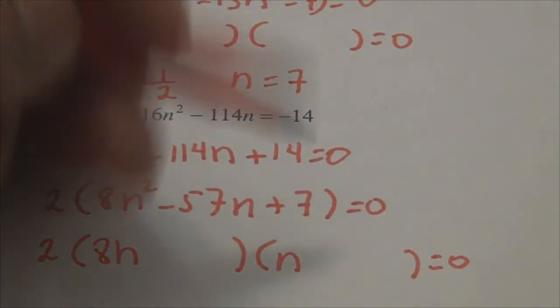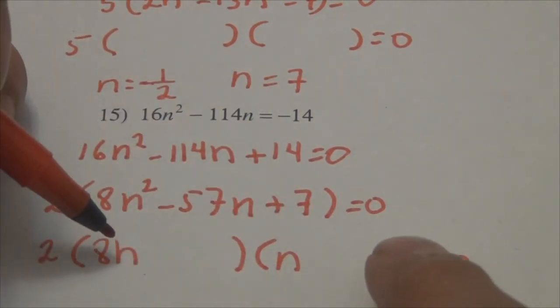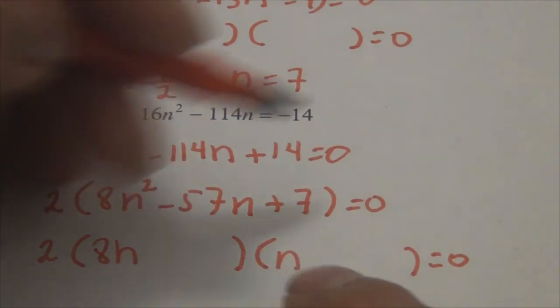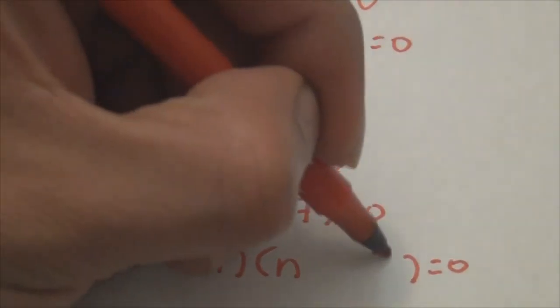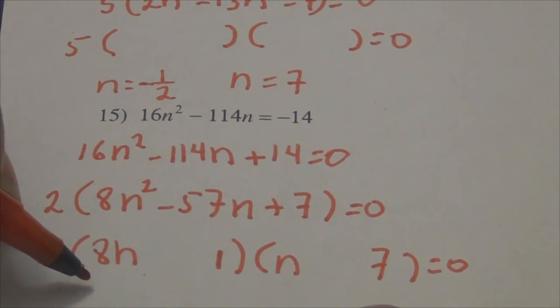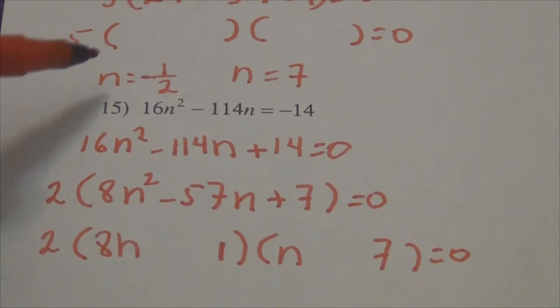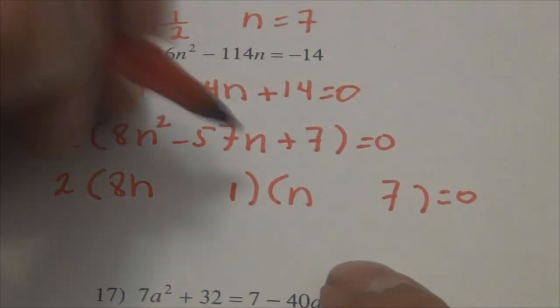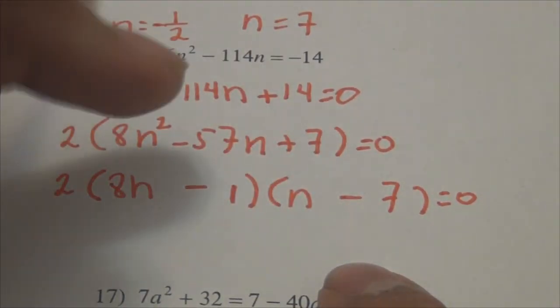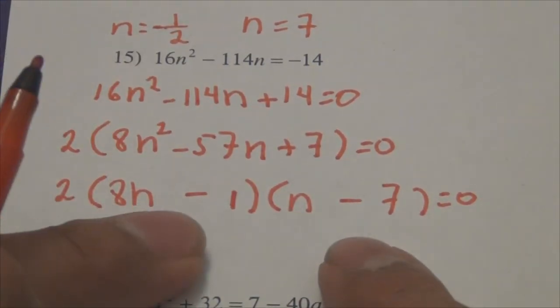And factors of 7, if I put the 7 here, I'm gonna end up with 8n and 7n. But if I put the 1 in here and the 7 here, then I'm gonna get 56 and 1. Now the sign should be negative, both of them negative, so I can get negative 57 when I add them, and I get positive 7 when I multiply.